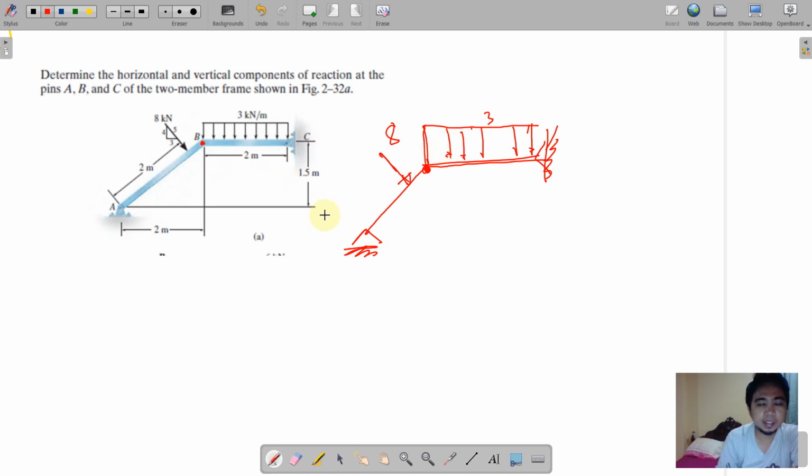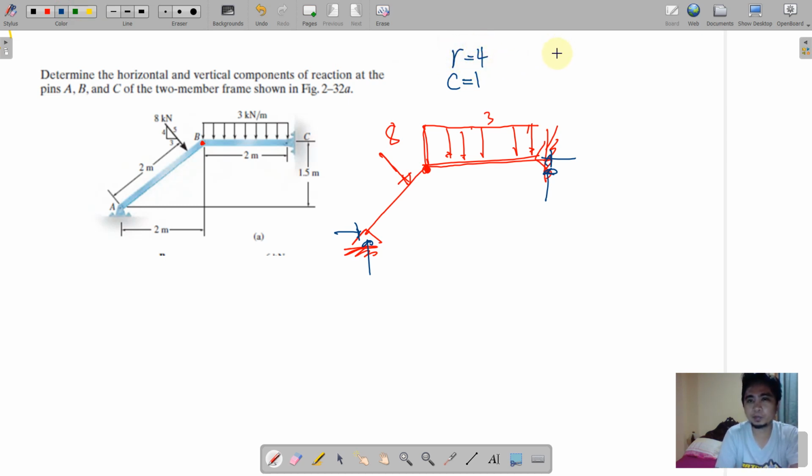So for the determinacy, of course, we indicate that there are 2 reactions there, another 2 here, and then C here is 1 for a pin connection, and then for the reaction we have, all in all, we have 4.